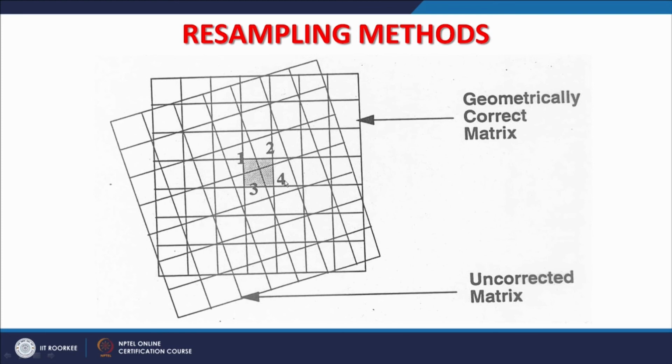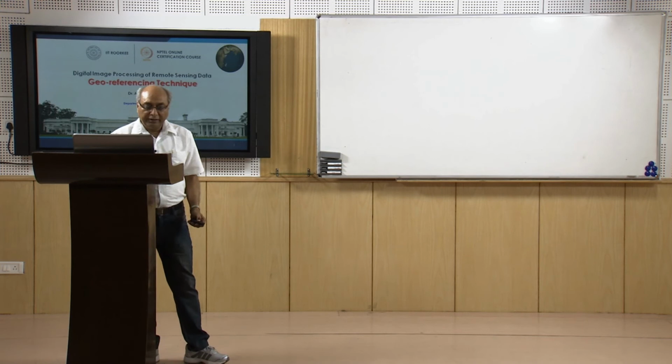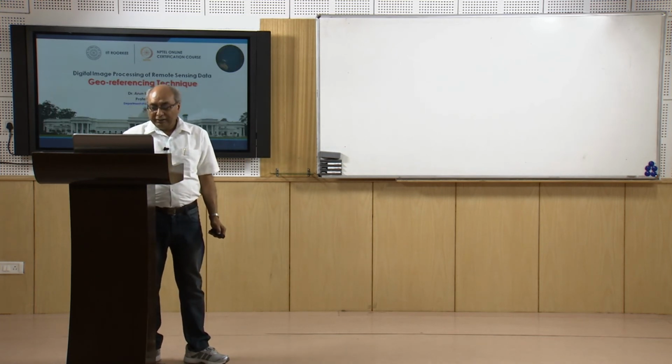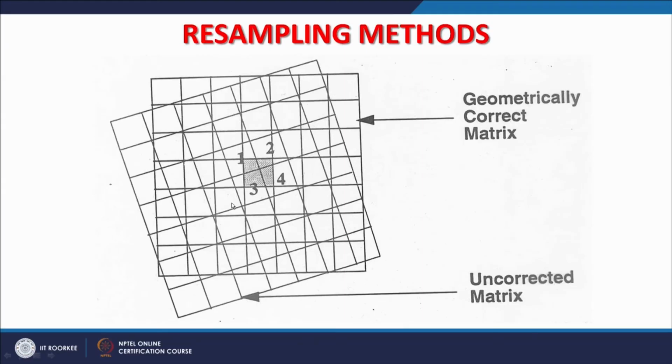These are just the IDs of the pixels, not the real pixel values I am talking about. In the first resampling technique, which is nearest neighbor, what would be done? First the search would be made over these overlapping images, master over raw image, and then it is decided which pixel of the raw image has the largest coverage over the master image.